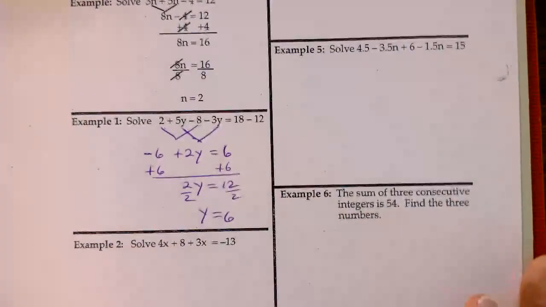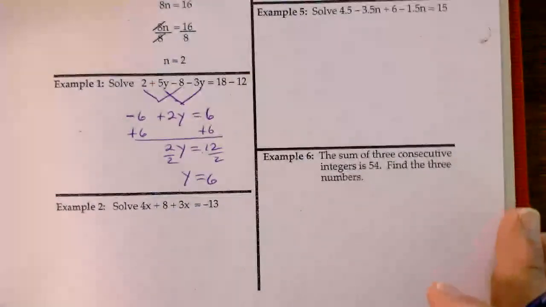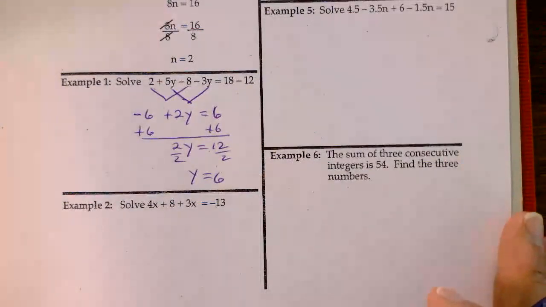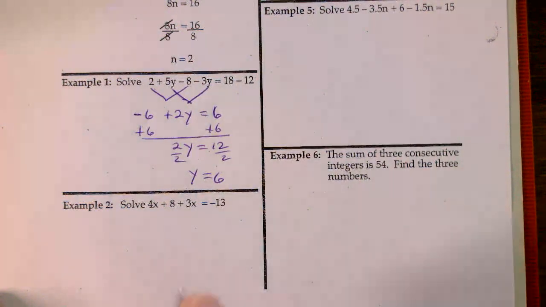Now, some people say it doesn't matter whether the variable is on the left or the right. It does matter, especially when you start talking about inequalities. And so I'm trying to get you ready for that topic. And so for all practical purposes, we try to keep our variable letter unknown on the left side.